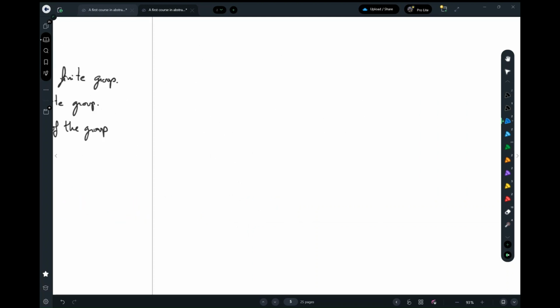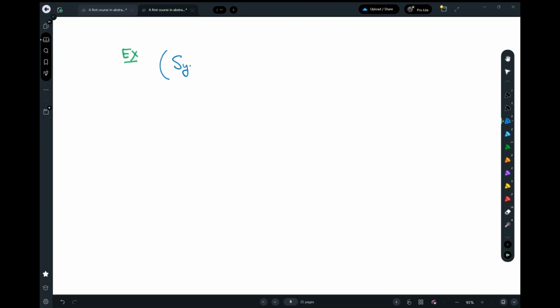We've seen a bunch of abelian groups. So let me show you some non-abelian groups. Remember that we had discussed in a previous example the symmetries of an equilateral triangle.